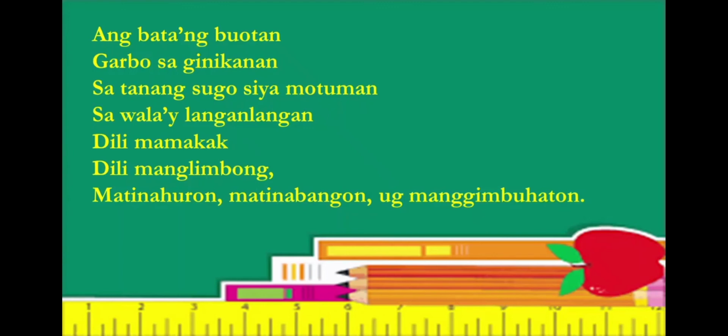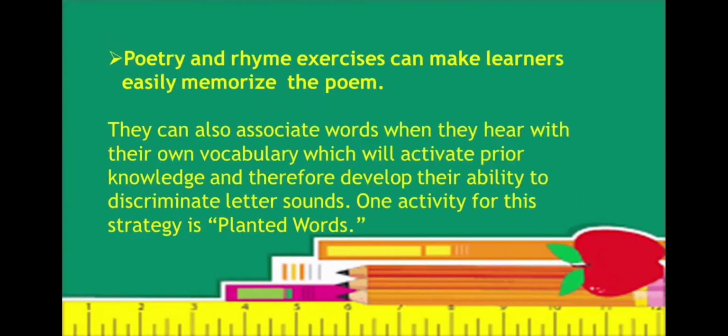So those three poetic devices that were mentioned earlier are proven to be effective to help the learners to easily memorize a poem. Going back to the previous slide, children or learners can also associate words when they hear them with their own vocabulary, which will activate prior knowledge and therefore develop their ability to discriminate letter sounds.